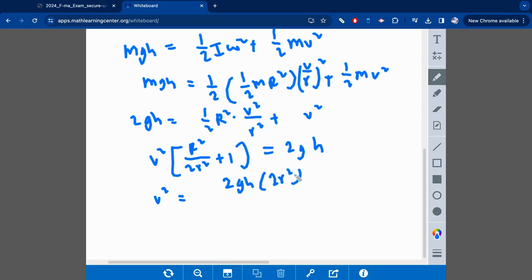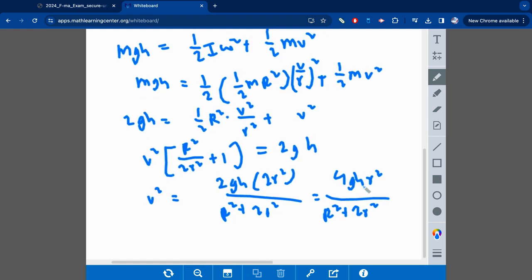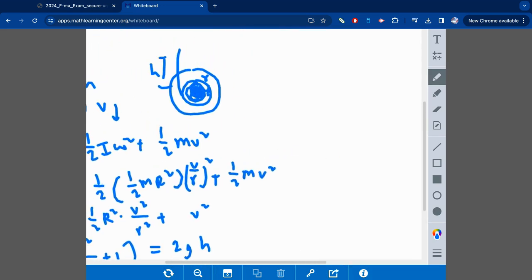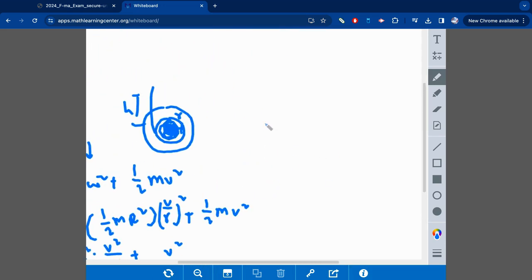to find that v squared equals 2gh times 2r squared over r squared plus 2r squared, which is 4gh r squared over r squared plus 2r squared. Now to get v completely in terms of h, we need to see how r varies with h. We know that h is simply the amount of string that's no longer on the disk.